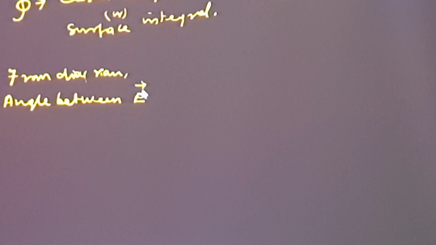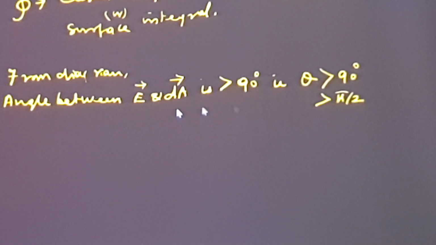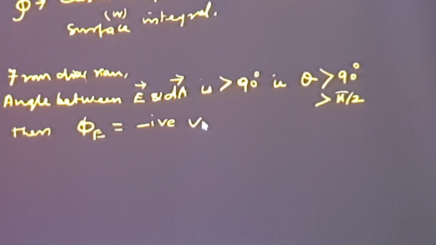I can say the angle between the E vector, that is the direction of electrical lines of force, and the normal drawn, that normal drawn is the dA vector, if it is greater than 90 degrees, that is theta greater than 90 degrees or greater than pi by 2 radian, then we can say the flux phi E is considered to have a negative value. Let us consider this as the first point.